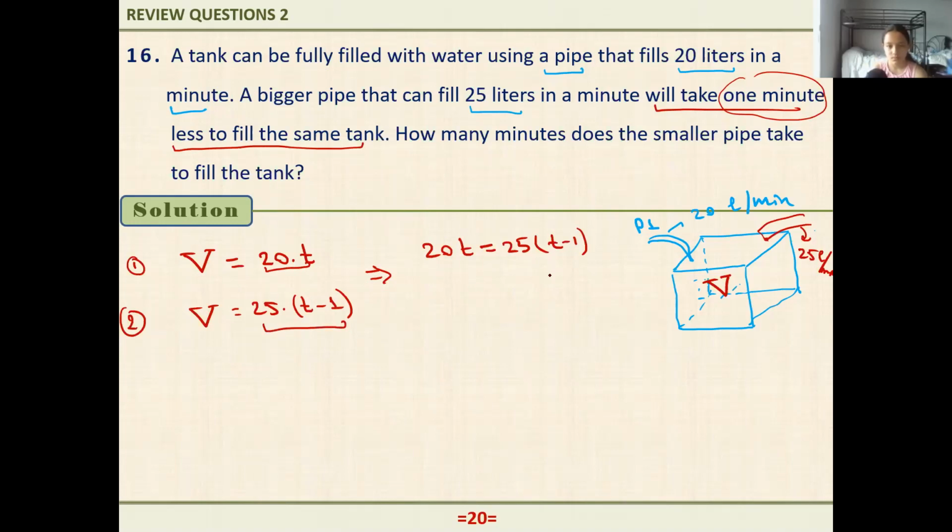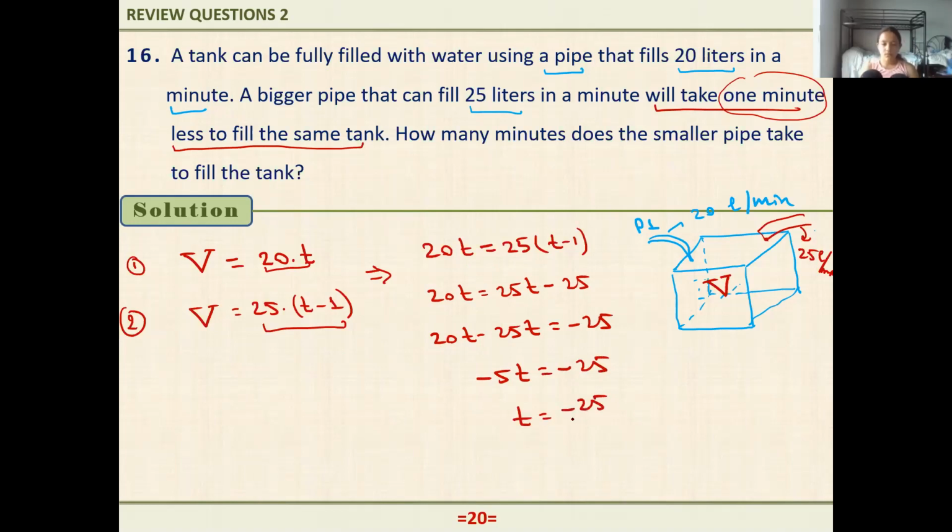So now we need to solve this equation. If you solve this, 20t is equal to 25t minus 25. Take this to the left-hand side. 20t minus 25t equals negative 25. 20 minus 25, that is minus 5t. That's equal to minus 25. And what is t? Negative 25 divided by negative 5 is equal to 5.